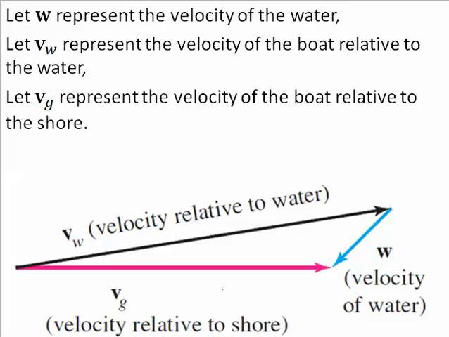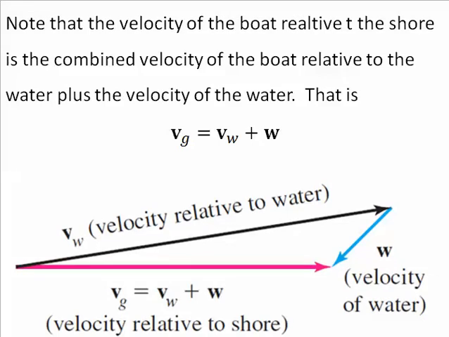So v sub w is the velocity of the boat relative to the water, while w is the velocity of the water, and v sub g is the velocity of the boat relative to the shore.